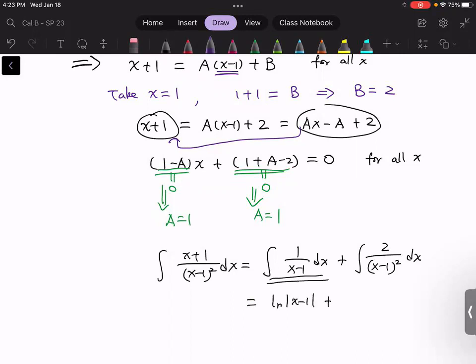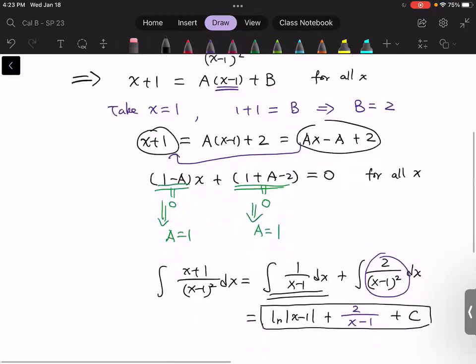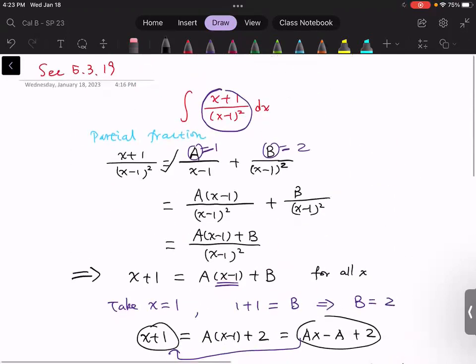For the second term, I think it's not too difficult to come up with the answer. That should be negative 2 over x minus 1. You could apply the guess-and-check approach or use u-substitution. Finally, add a constant c. So this is the answer to number 19 in section 5.3.